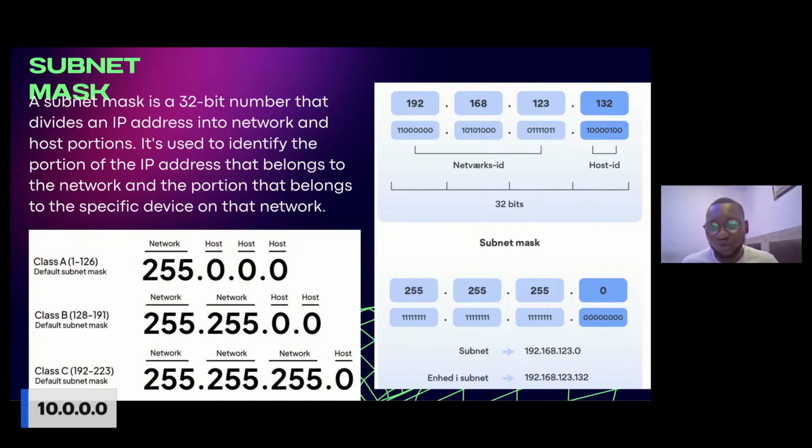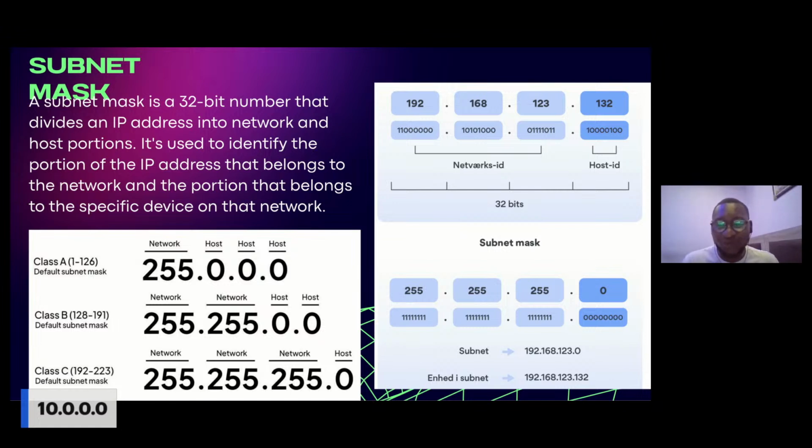So that shows you that that particular part, the 10, which is the 255, belongs to the network, and the 0.0.0 belongs to the host, right? If you go to class B, you have 255.255.0.0. That 0.0 belongs to the device.